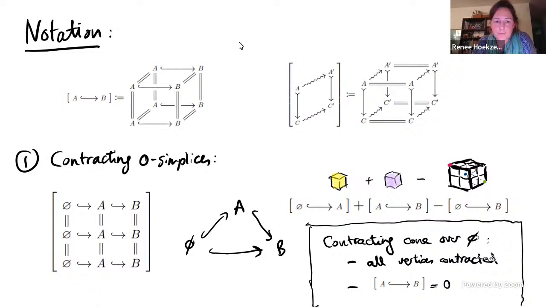Okay. So in particular, for any manifold A or B, the empty set embeds into any manifold. So I have a one simplex from the empty set to any manifold. And also whenever I have an embedding from A to B, then I can fill in this two simplex. So that means that what I have here is a cone.